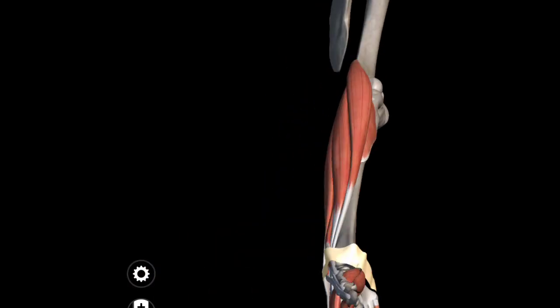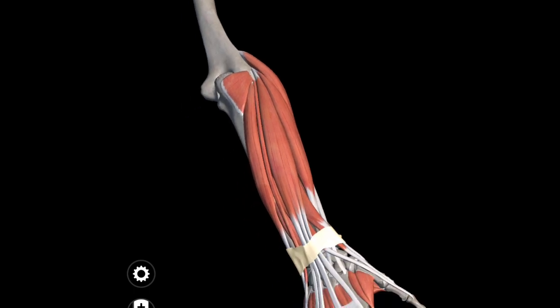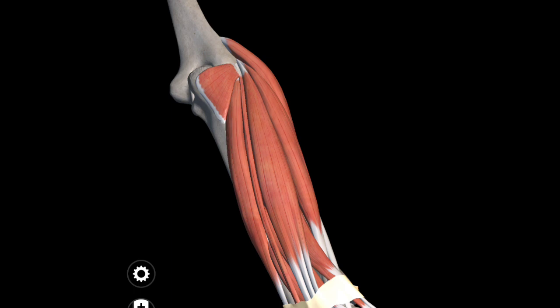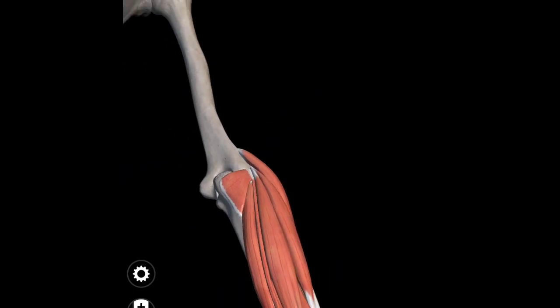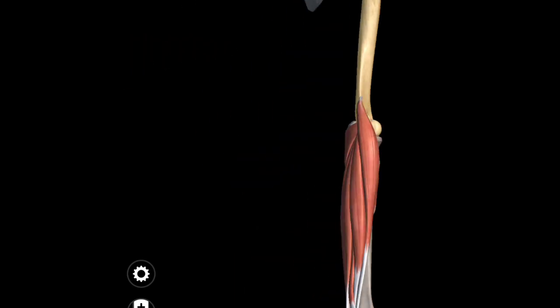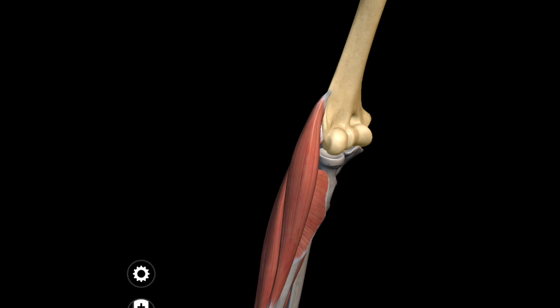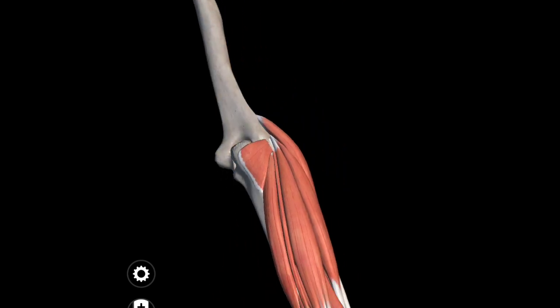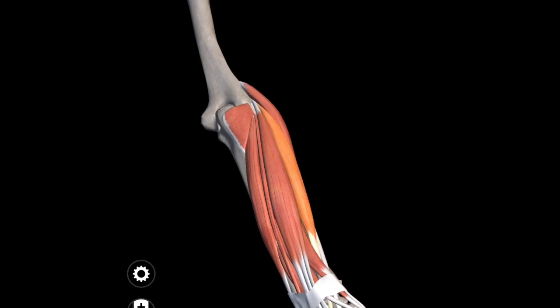Okay, now come to the posterior side of the forearm. So here you can see, just to review, these are all the extensor muscles and they come from the lateral epicondyle. Okay, this is the lateral epicondyle. So they come from the lateral epicondyle and supracondylar region. Here you can see the extensor carpi radialis longus.